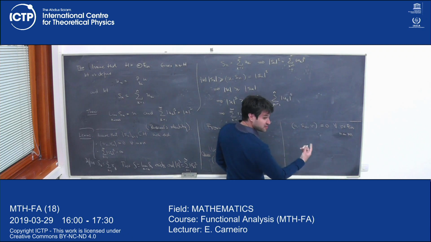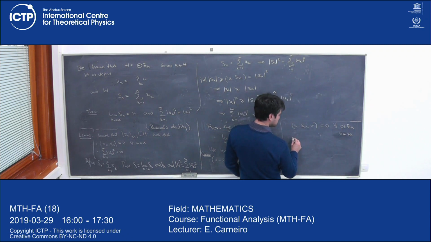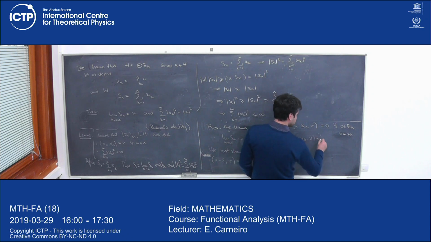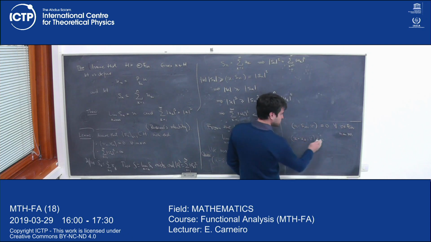So if M is bigger, what I'm doing is that, remember, U minus Un against V was 0 for V in this space, En.